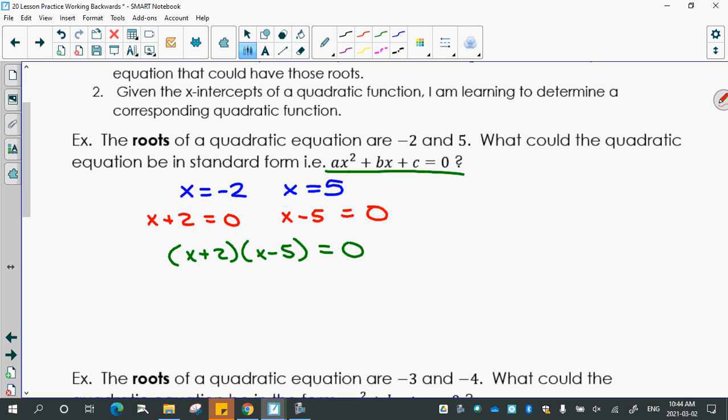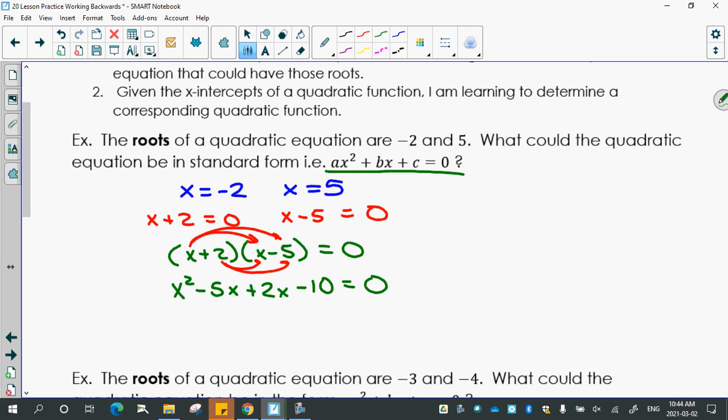So we get x squared minus 5x plus 2x minus 10 equals 0.